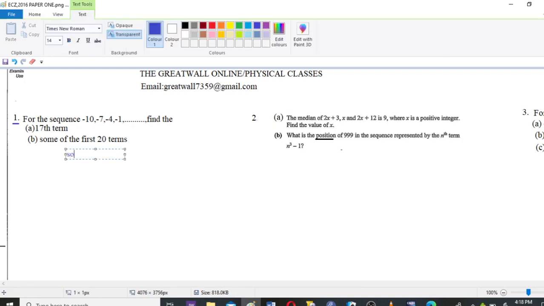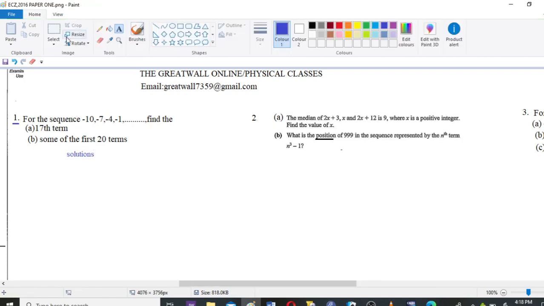So there we have our solution. Solving question A, we need the 17th term.